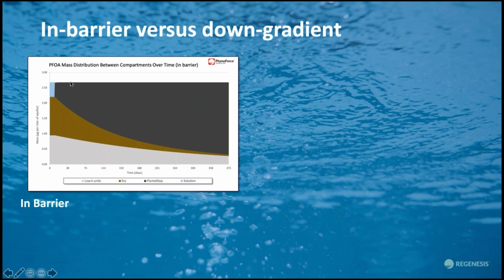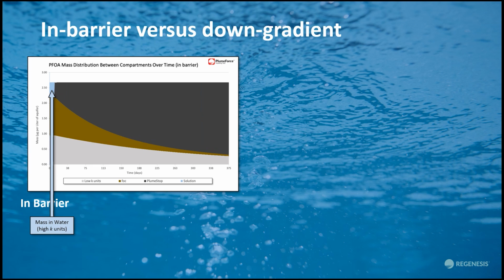The sum of the mass in all compartments remains constant at a little over 2.5 micrograms per litre of aquifer material. And this is micrograms per litre of aquifer material, not to be confused with an aqueous concentration. It's the combination of mass in all of the different phases, soil, water, the lot. The colours show how this mass is distributed.